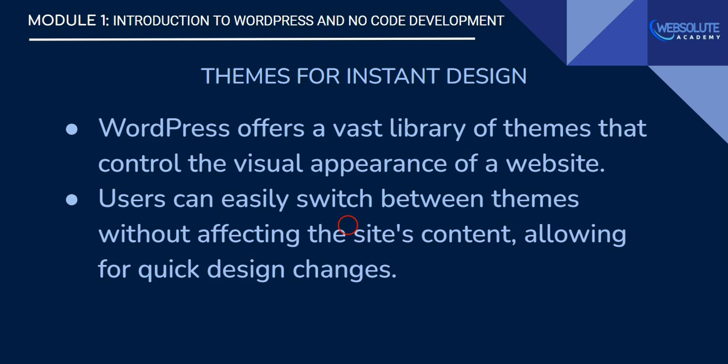Users can easily switch between themes without affecting the site's content, allowing for quick design changes. If you are the adventurous type, you can try themes. Maybe you see one, you don't like the one you are using, you just want to change it.